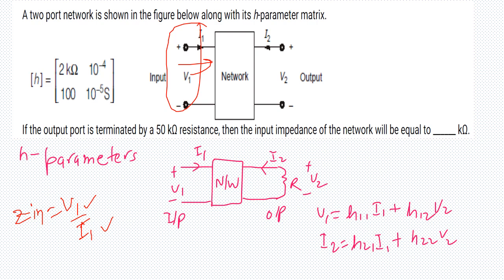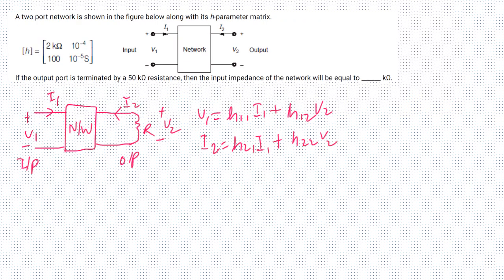You can see that V1 and I1 are present in this equation, only V2 should be substituted by something so that we are able to calculate V1 by I1. Let us see how we can proceed. I'm going to write the voltage V2 in terms of the drop across the resistance. So V2 is going to be minus I2 into R. Why the minus?